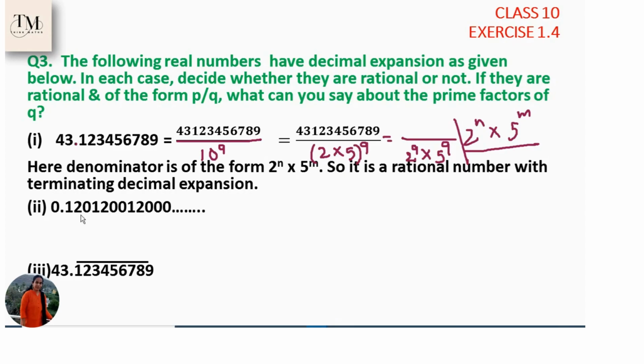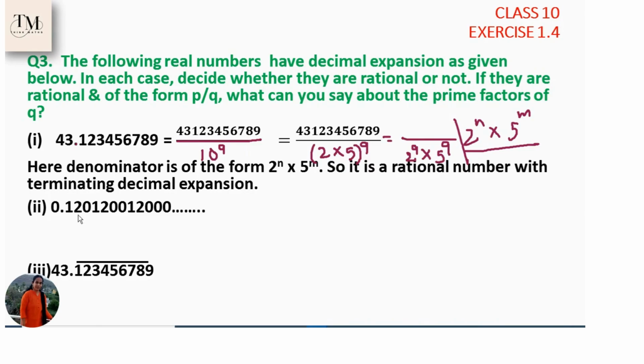0.12012001200. Okay. So here if you check this decimal expansion, this does not terminate. Also, the number is not repeated. So we cannot say this decimal expansion is a rational number. The denominator should be of the form 2 power n into 5 power m, but before that, the decimal expansion should terminate.